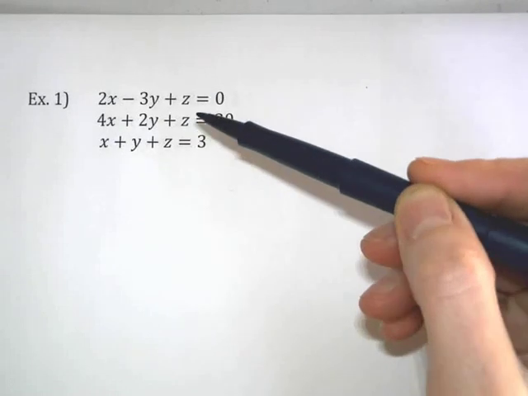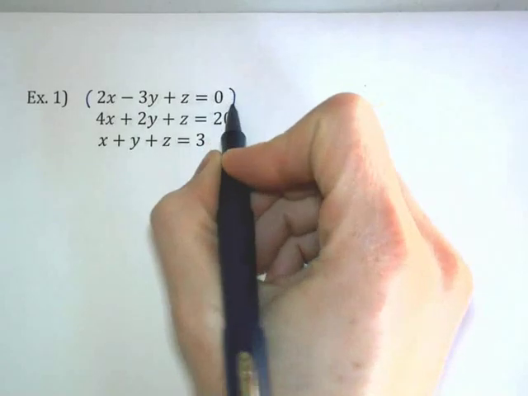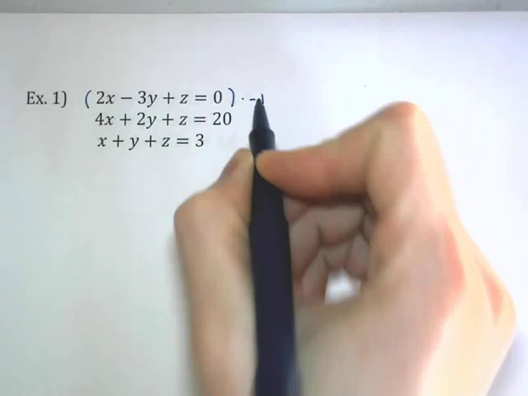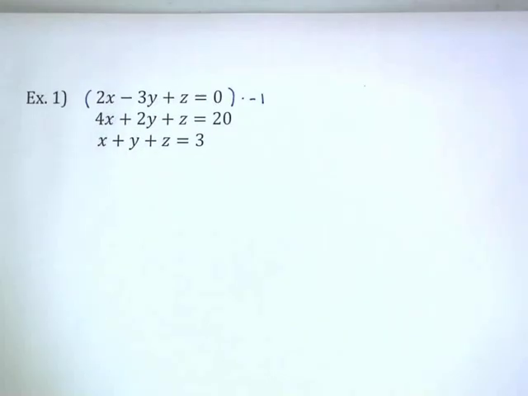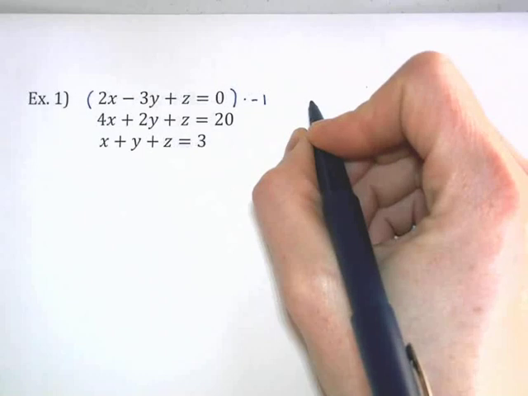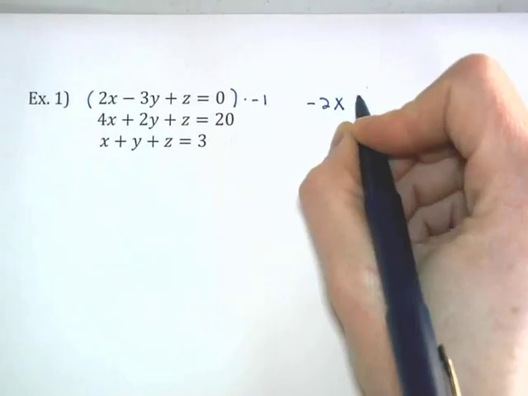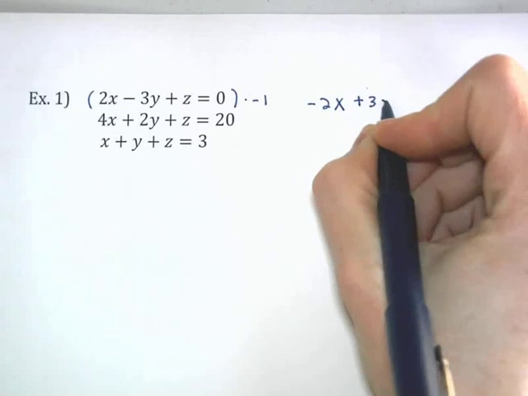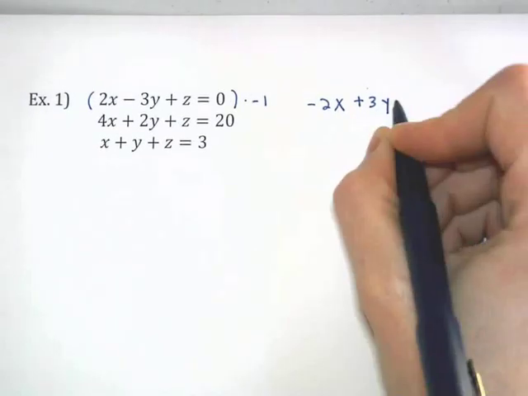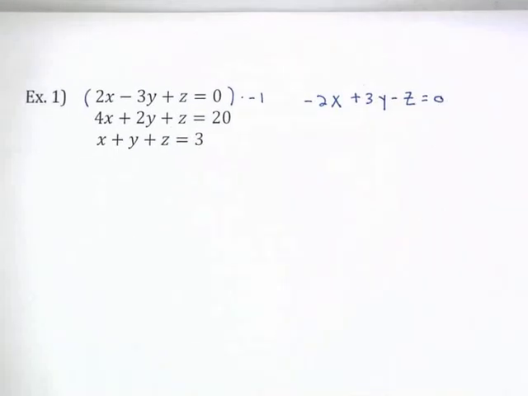So what I'm going to do is take this first equation and multiply the whole thing by -1. That's essentially just going to change my signs, and it will give me the opposite z's that I need to eliminate. So my new equation is going to say -2x plus 3y, because I'm multiplying by a -1, minus z equals 0.